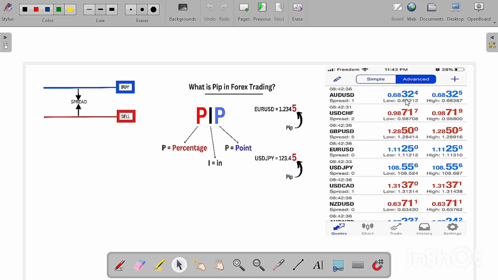Very simple. Now these are the quotes, and the quotes are two different prices because there is something called bid and ask. You could see the difference. You could subtract, but the system has done it for you. That's why we have something called spread: the difference between this price and this one.